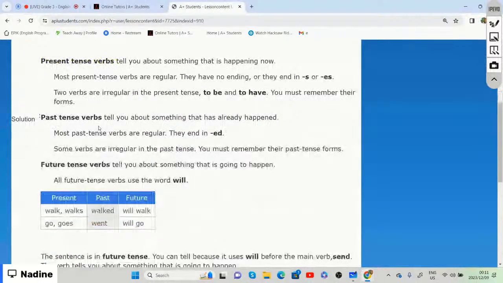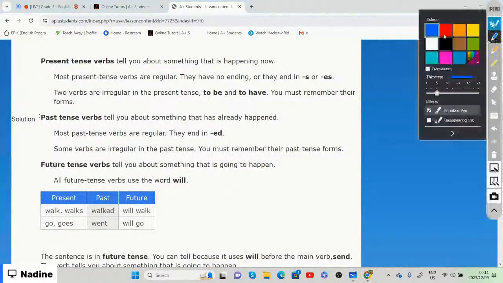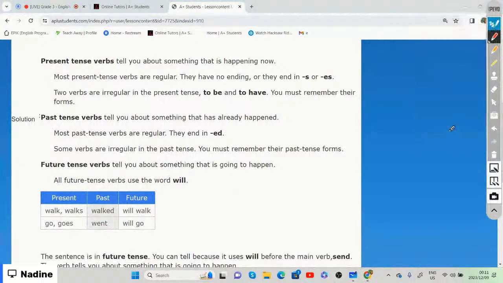In the present tense, it tells you about something that is happening now.